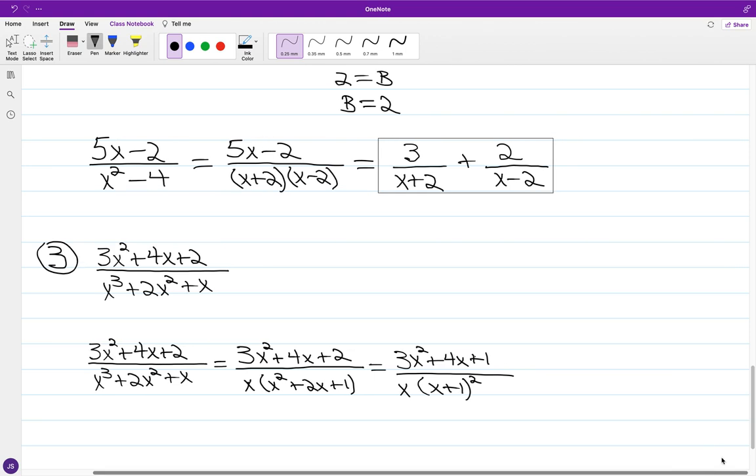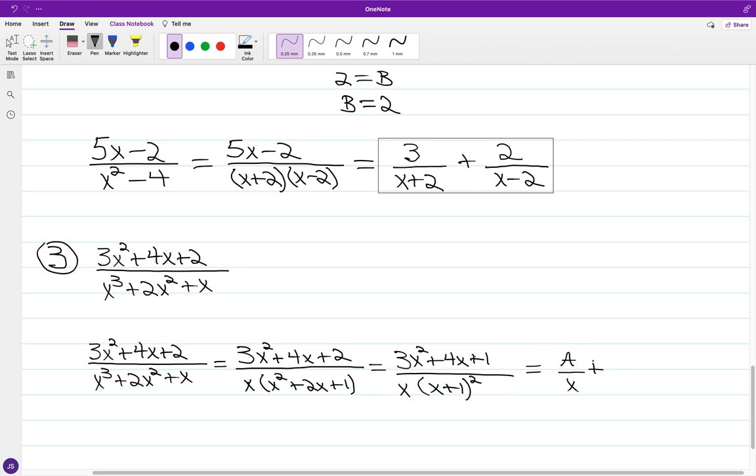And now, for the partial fractions, what's going to happen here is that we have x as its own denominator. Now for x plus 1, notice that this is squared. And this is what is referred to as a repeating linear factor.